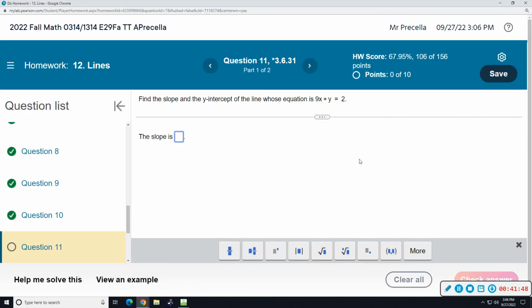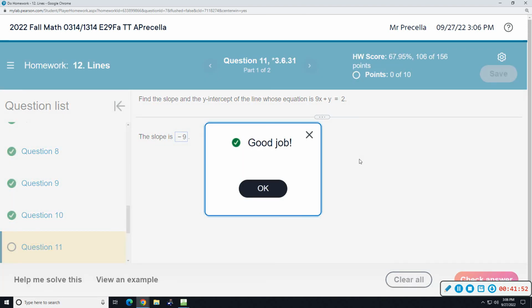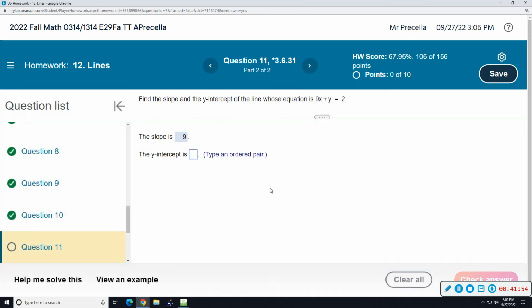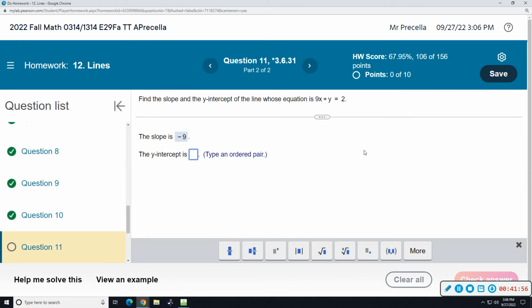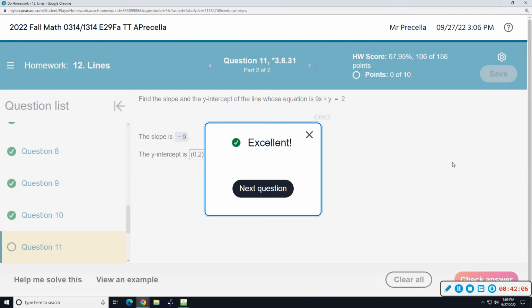The slope negative 9. Once again, we have to type an ordered pair, 0, comma 2. Any questions?